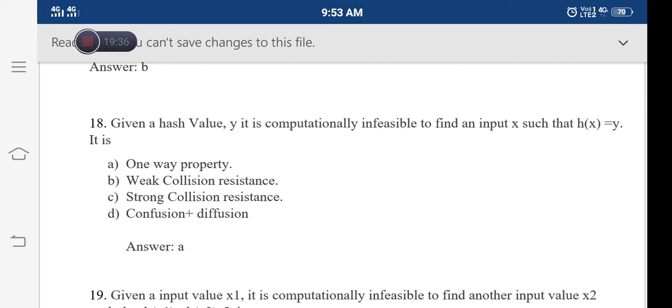That is, I already have a given hash value, and it is infeasible for me to find the value of x given y. The attacker should not be able to find the value of x for the given hash value. If the attacker has the value of x, by applying the hash function on x he can get y, but given y he should not be able to find the value of x. So this property is known as the one-way property.